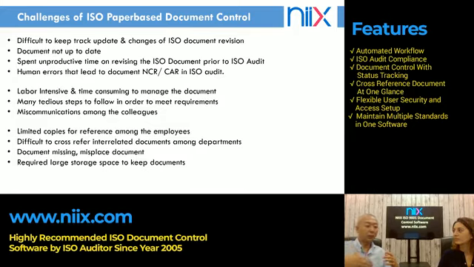Unless you are willing to spend a lot of money on paper printing, photocopying, and so forth, otherwise you may have an issue where you have limited copies of a document to refer to. Another example: a lot of ISO documents and ISO procedures are interrelated.